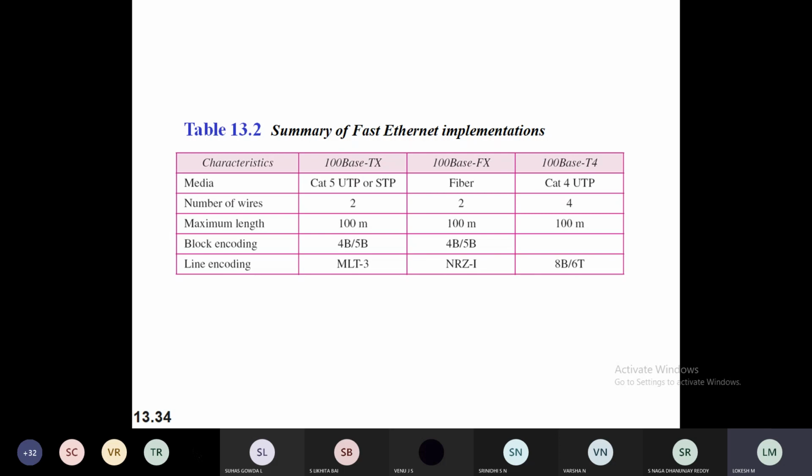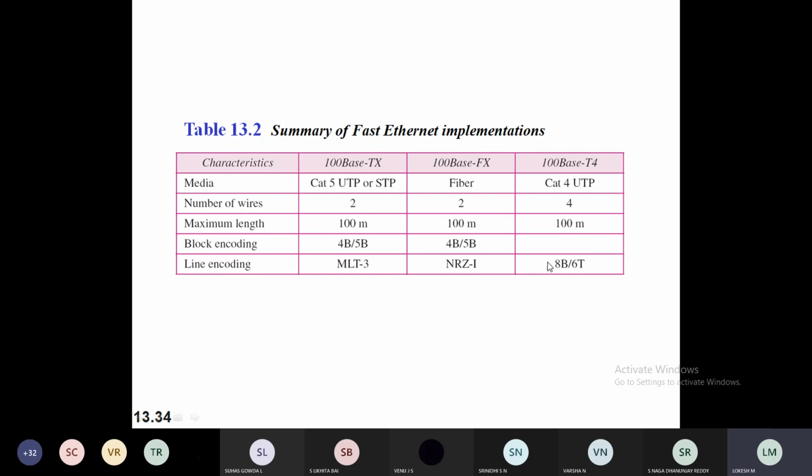Okay, and block encoding is done through 4B5B for 100 base TX and 100 base FX. Okay, these two techniques use block encoding, and along with this line encoding is also performed. Okay, MLT-3 and NRZ-I and 8B6T.